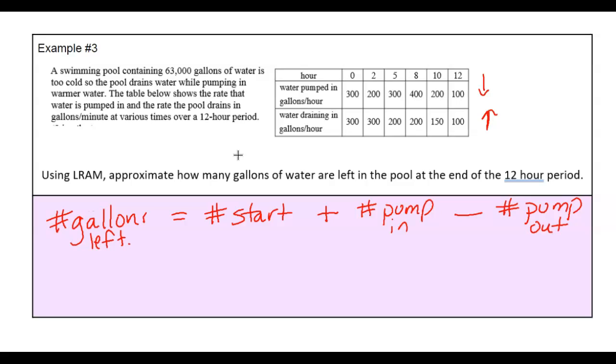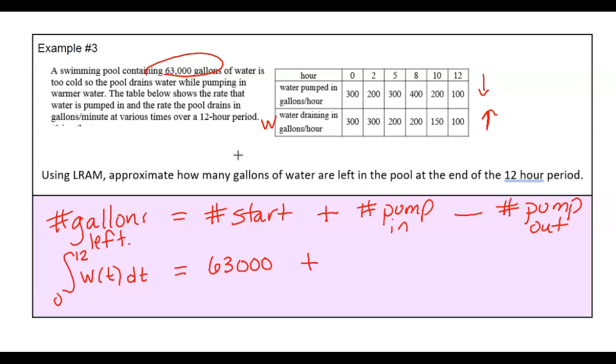So what we start with, from 0 to 12 of our function, let's just call it W of T, total water. Well, we start with 63,000.